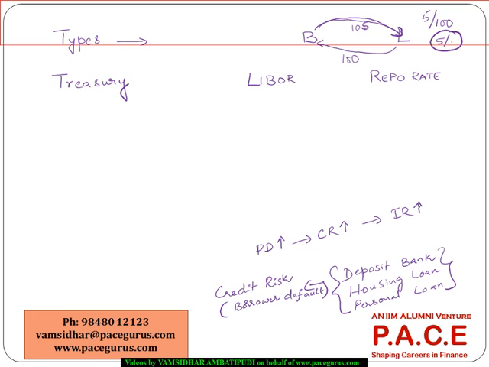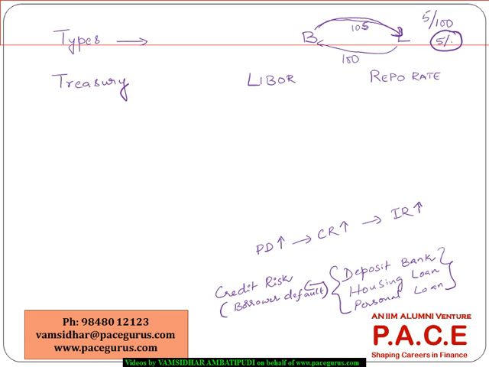So what he typically is doing is he is trying to increase his expected return. The higher the risk, the higher should be the expected return. So he is trying to increase the expected return, and which is why he is entering into a higher interest rate.